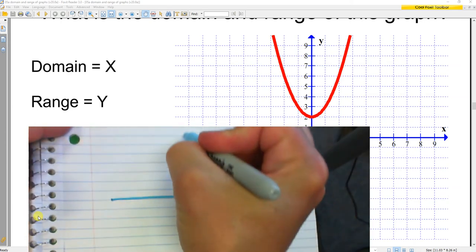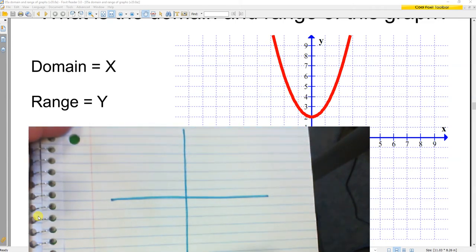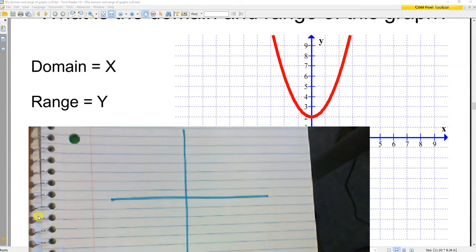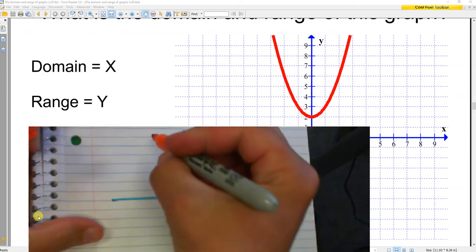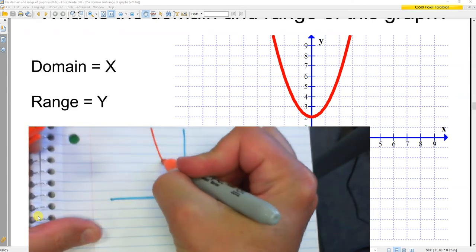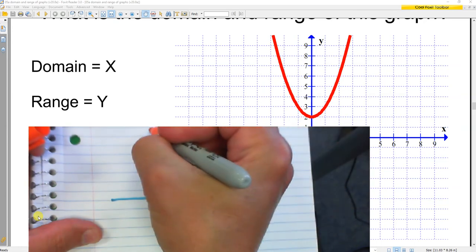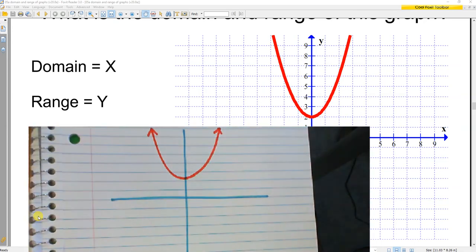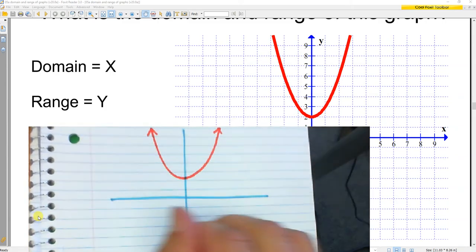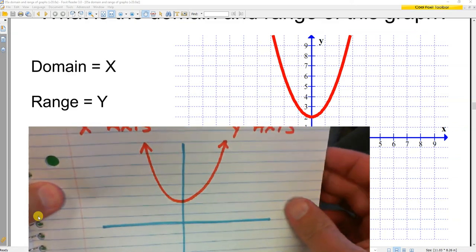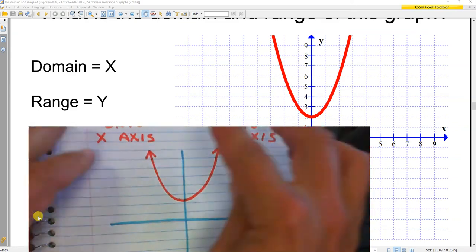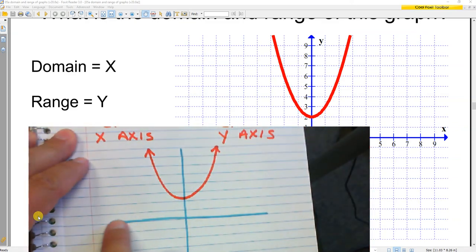Doesn't have to be perfect. There's a coordinate system. And there's the parabola. Now, what we're going to do is we're going to pretend like this is wet ink. And imagine if I hold the paper up like this, how would the ink go onto the x-axis?